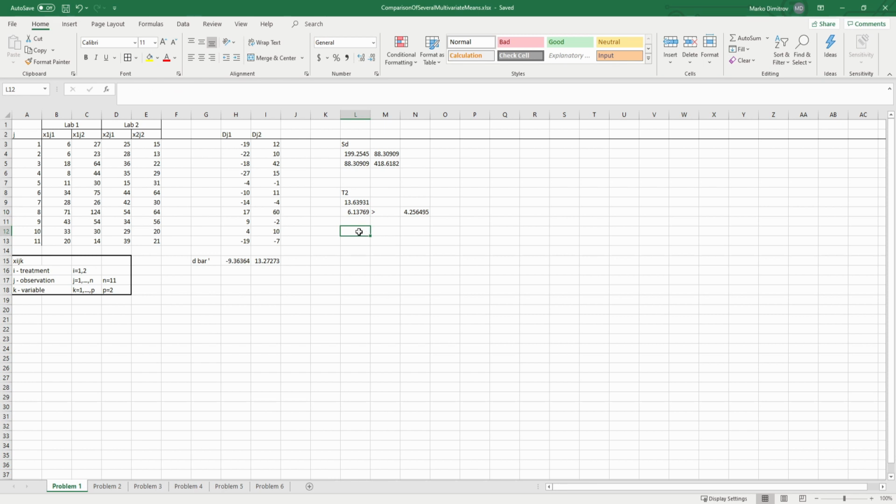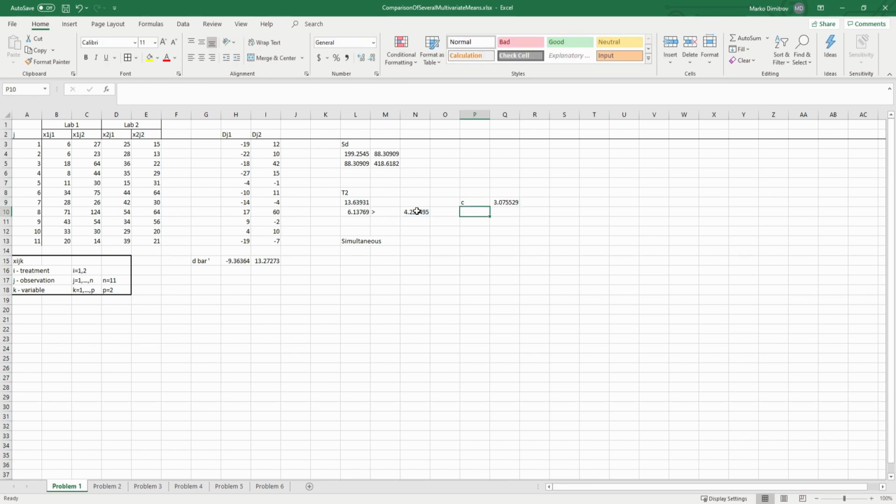Okay, we also said that we want to find simultaneous confidence intervals. So for that we need our constant c. c is going to be the square root of p times n minus 1, so 2 times 10, divided by 11 minus 2, times our Fisher value.